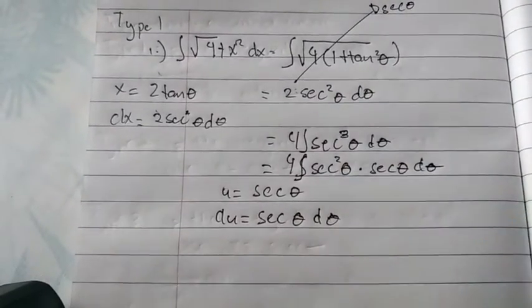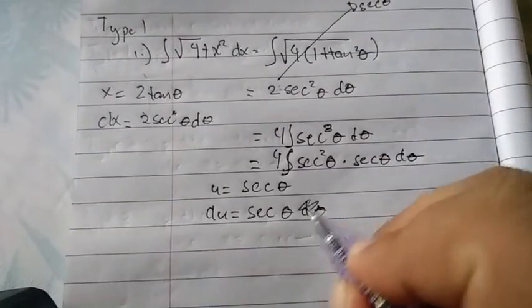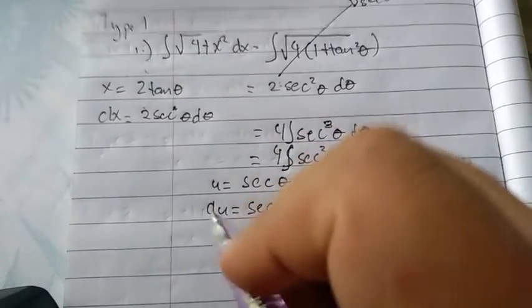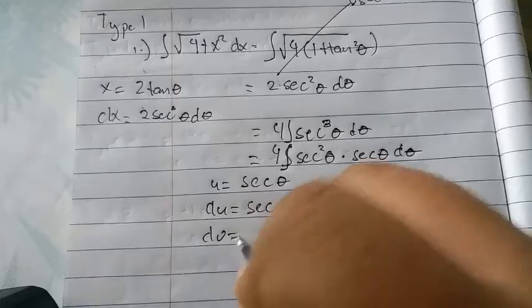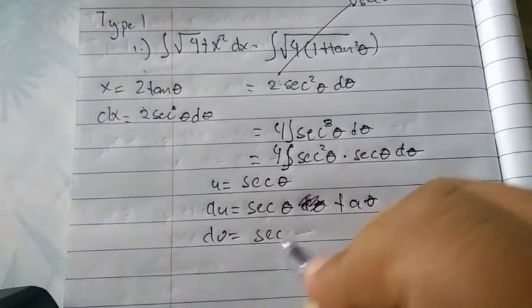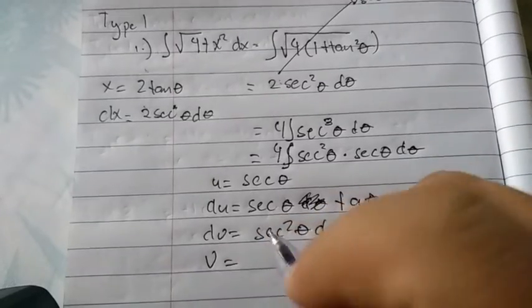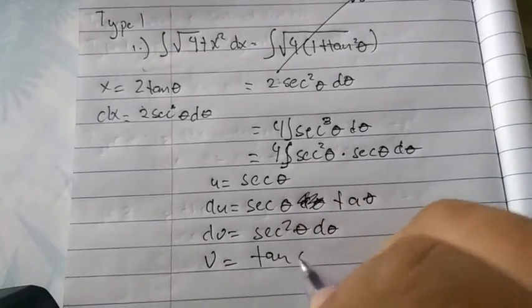By the way, I'm wrong, this will be plus. Then our dv will be sec squared theta d theta, and v will be tan theta.